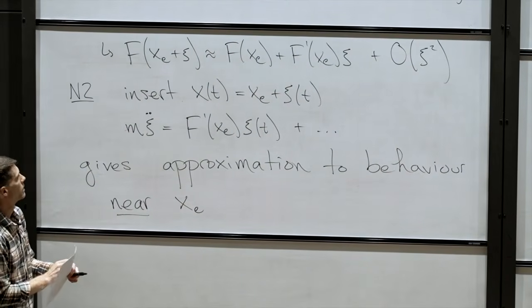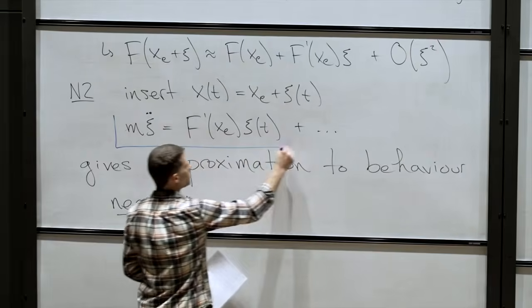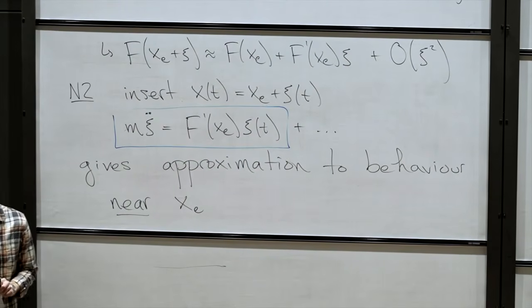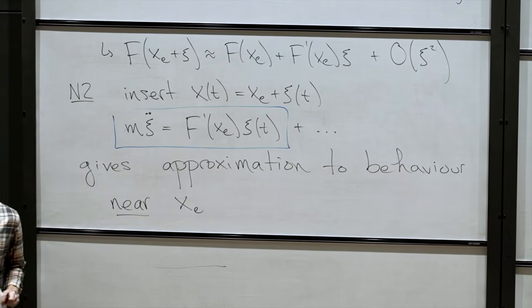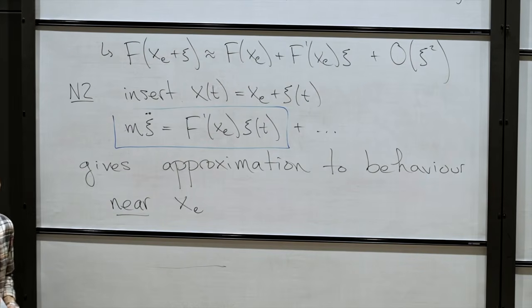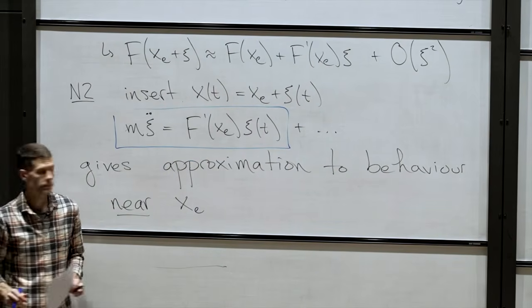So in fact, we'll go even further and just think about that equation. I'm going to completely get rid of the dot, dot, dots, keeping in mind that they're still there. That equation dictates the behavior of the system near the equilibrium point, keeping in mind that that's an approximation because there's a whole lot of dot, dot, dot that I'm throwing out.